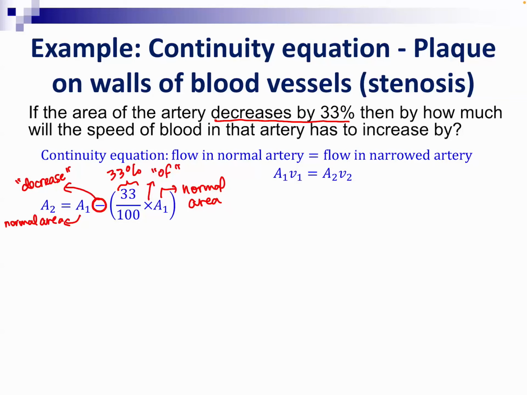Right, so does this equation make sense? It's like we just wrote down in equation form the information here. So the normal area decreases by 33% of the normal area. Okay, and that will give us the new area.